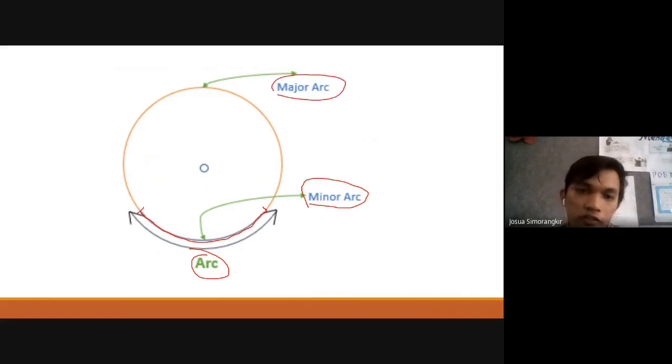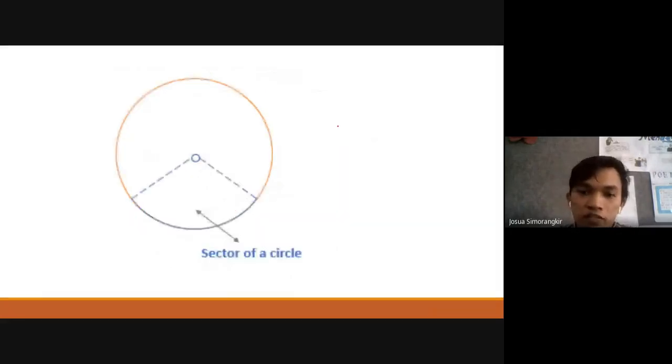Okay, and next there is also the sector of a circle. If we take the arc, let's say from point A to point B, this is the arc, and we connect a line from both points, from point A and point B, to the center.